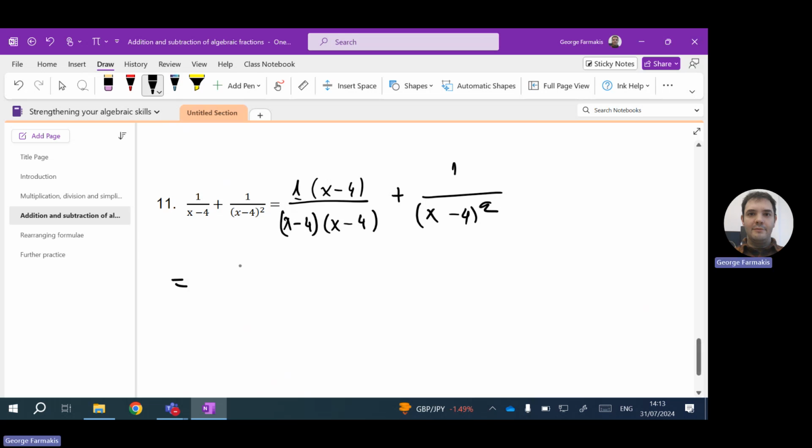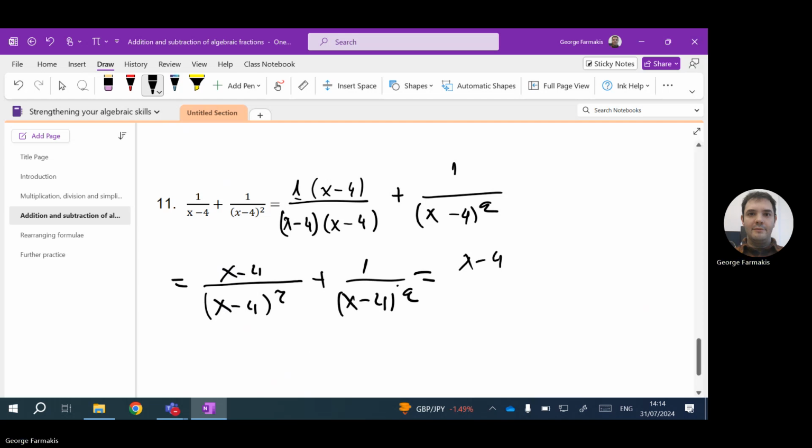So now I have (x minus 4) over (x minus 4) to the square, plus 1 over (x minus 4) to the square. And this will give me x minus 4 plus 1 over (x minus 4) to the square. So (x minus 4) to the square is our denominator, x minus 4 plus 1, so minus 4 plus 1, minus 3. Okay.